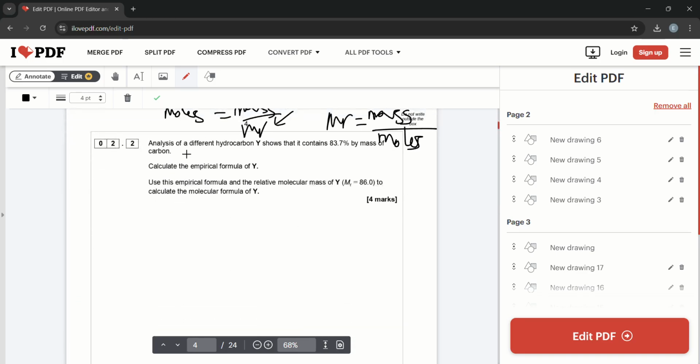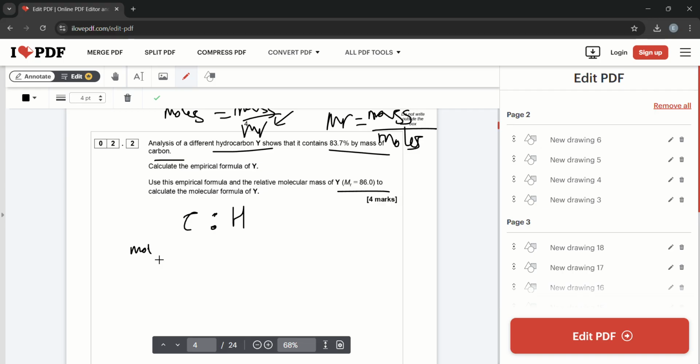2.2. An analysis of a different hydrocarbon Y shows that it contains this much carbon. Calculate the empirical formula, and then use the empirical formula and the relative molecular mass of Y, Mr is 86.0, to calculate the molecular formula. A hydrocarbon is a compound made of atoms of hydrogen and carbon only. So what we're going to do is find out the moles.